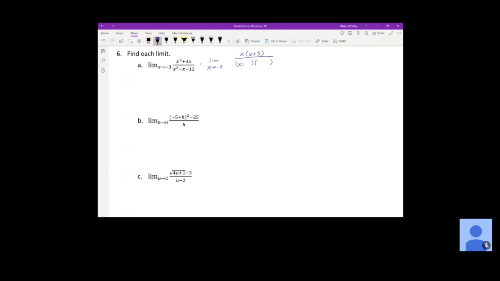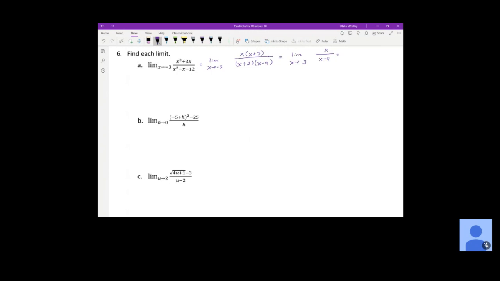We're going to have an x plus 3, oops, and an x minus 4. All right, so now when we simplify that, we do have a common factor that cancels out. So now we have the limit as x approaches -3 of x over x minus 4.